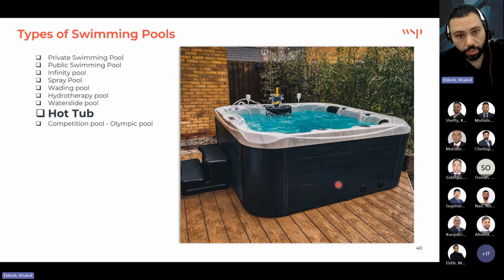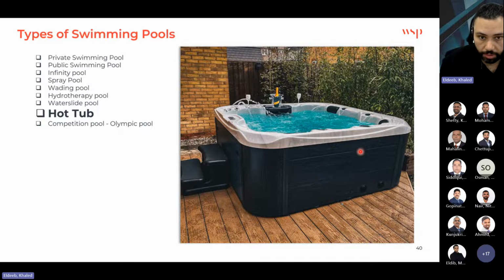We can do this one, but we need to understand the specs of the requirement of this jacuzzi. So this hot tub is the easiest one because usually it comes ready-made from different suppliers. So did this cover the question, Marwan, or do you have more?